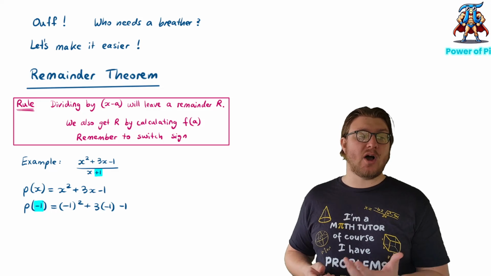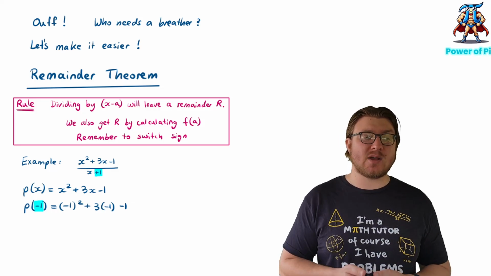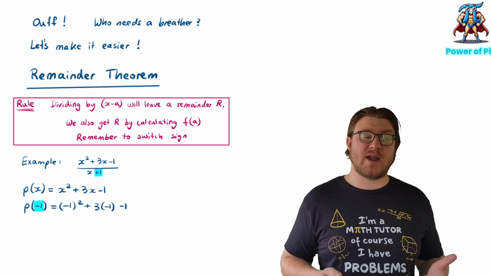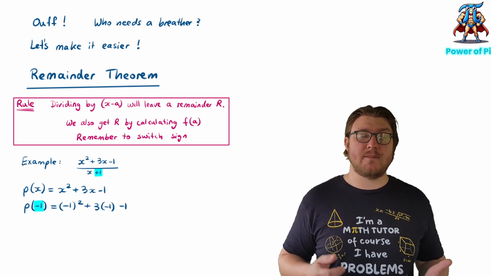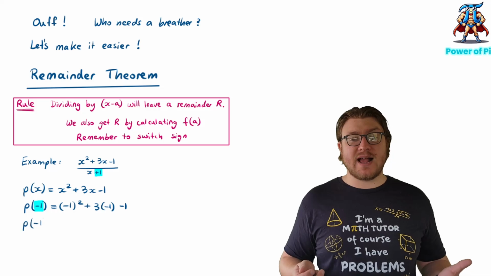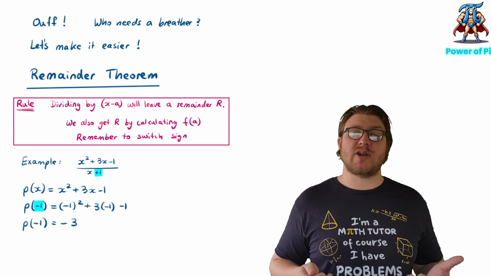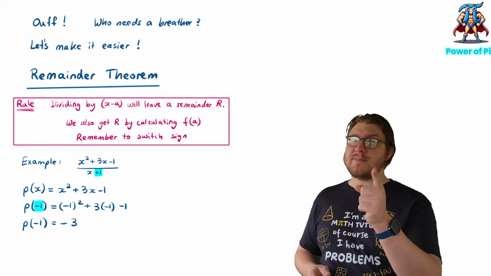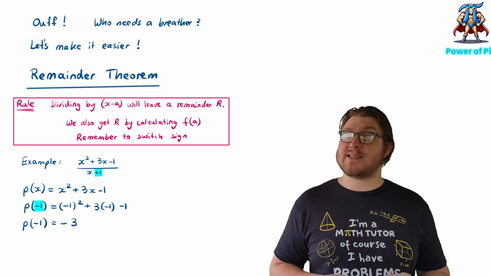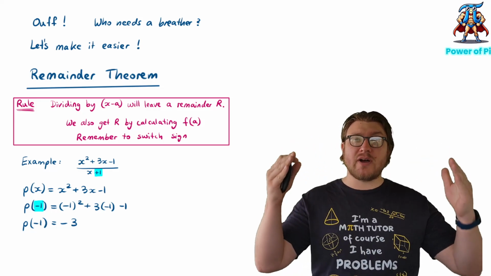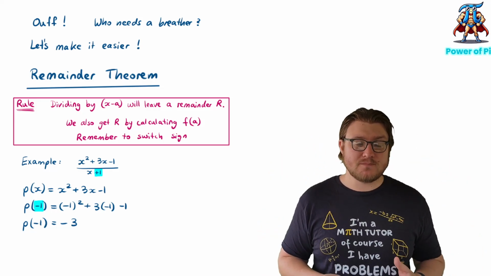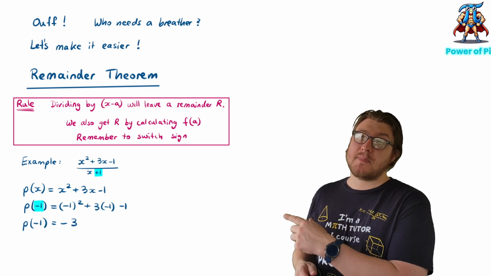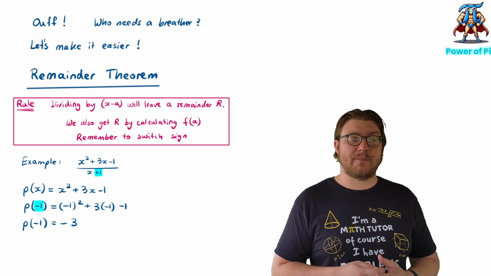We get p of -1 is equal to (-1) squared plus 3 times -1 minus 1. Put that in the calculator or calculate it in your head if you can. Then we get -3. And we see immediately, wait, that was the answer that we had before, using all of our long division steps. This surely is much easier than what we've had before.